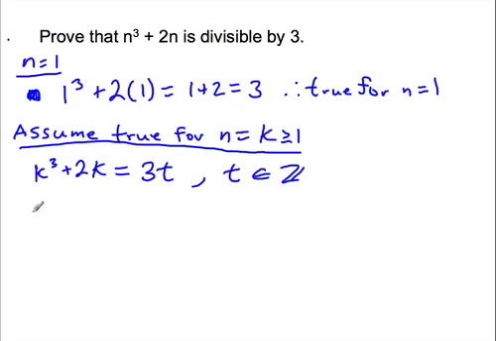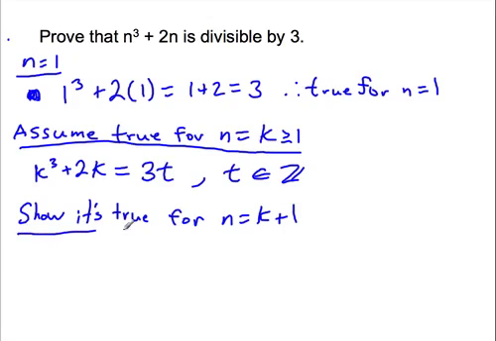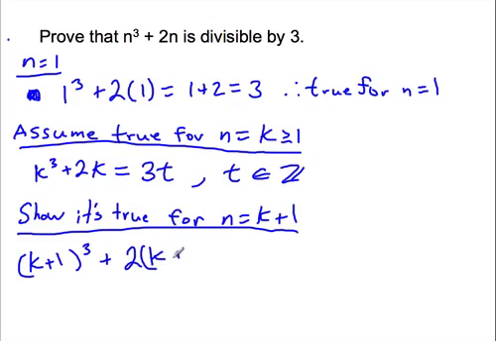And last step, we're going to show it's true for n equals k plus 1. Okay, so we're going to start off by letting n equals k plus 1. That means we're going to have (k plus 1) cubed plus 2(k plus 1).